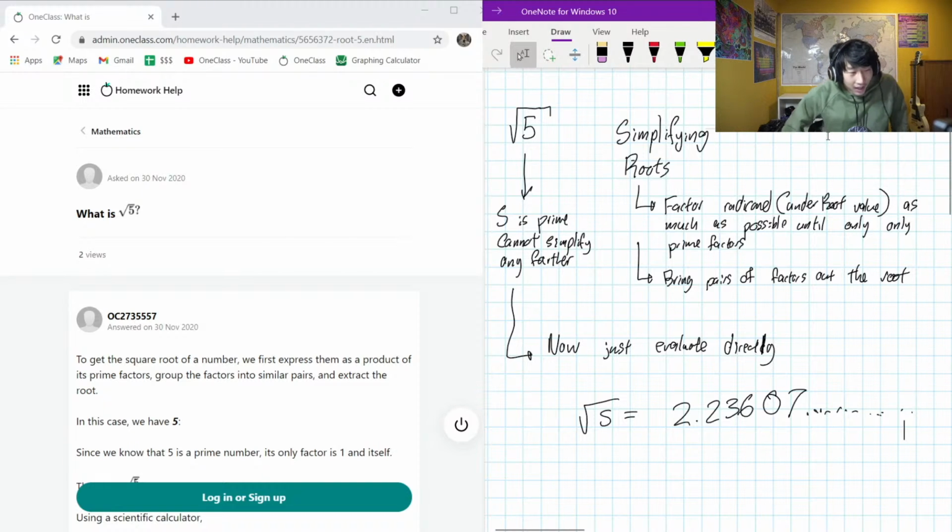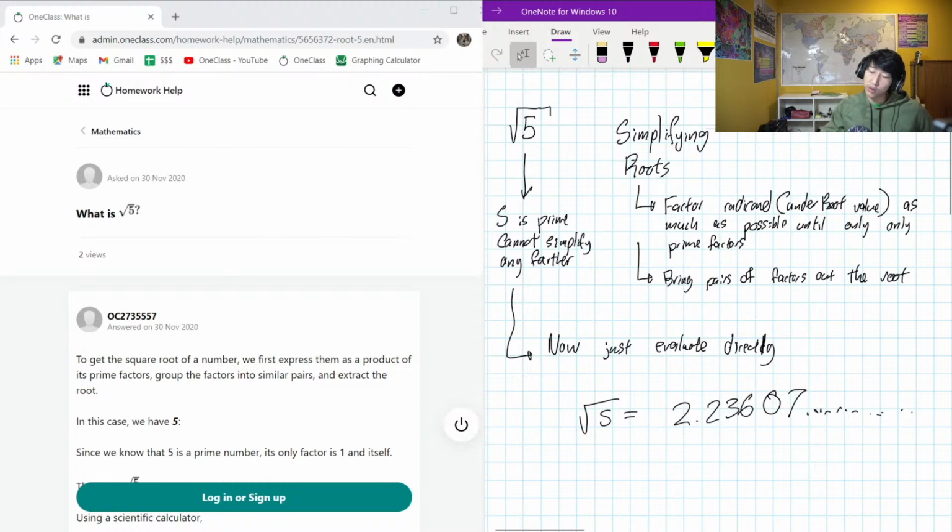So yeah, 5 is a prime number. Can't simplify it any farther, so we can only evaluate it directly, or you could just leave it as is if you need that precision. You would typically only want to convert roots to their decimal versions when that's the final step in your procedure. Like if I was doing a lot of trigonometry, I would not want this as an intermediate value.